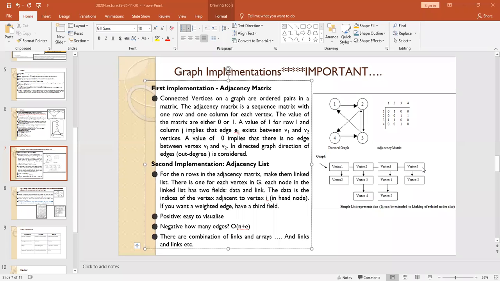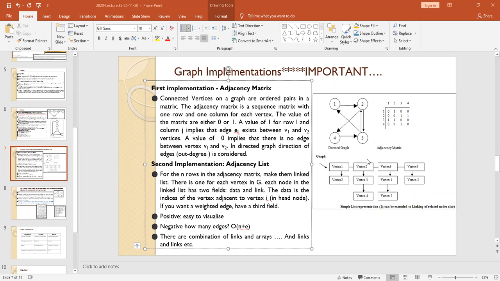So now you represent. So how you can represent? From V1, there is a path from vertex 1 to vertex 2. So that's why we have given it as V1, then vertex 2. Next you go with the next thing.